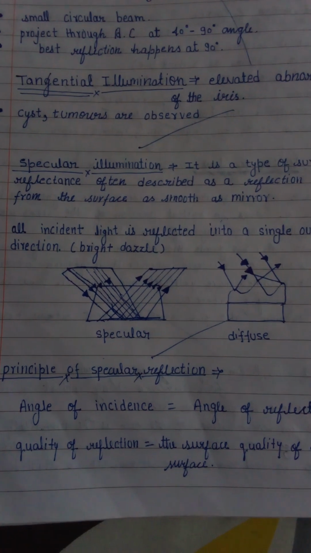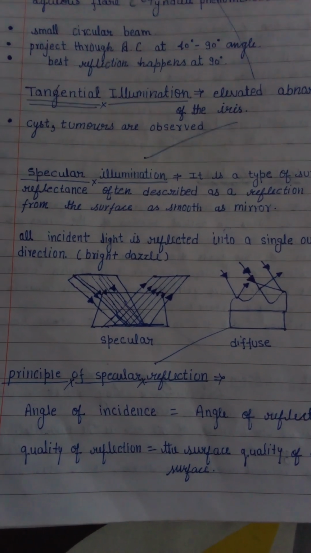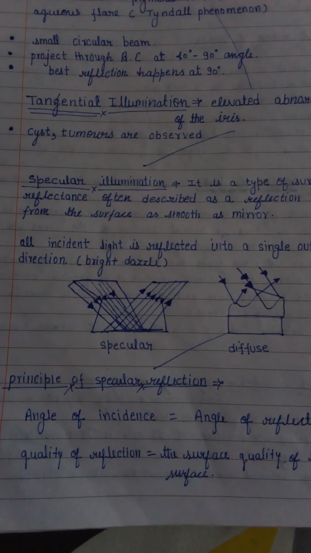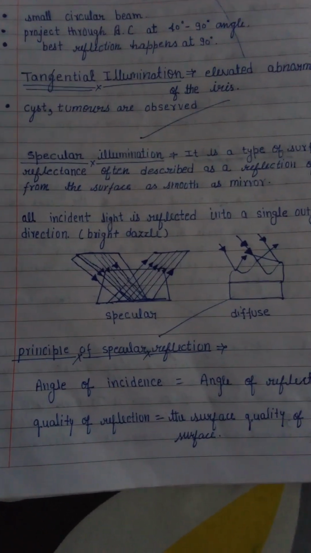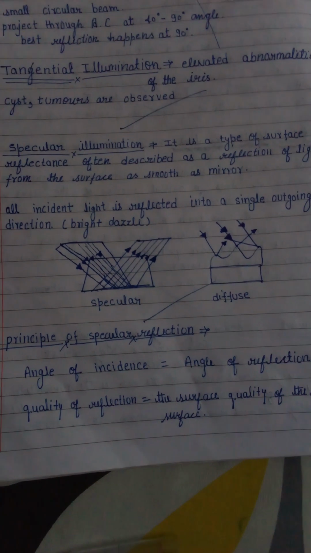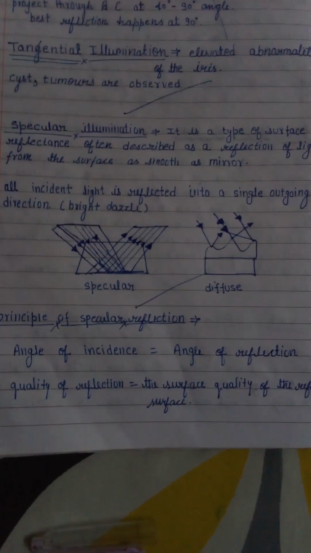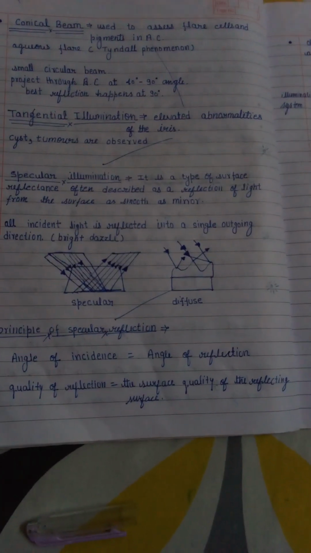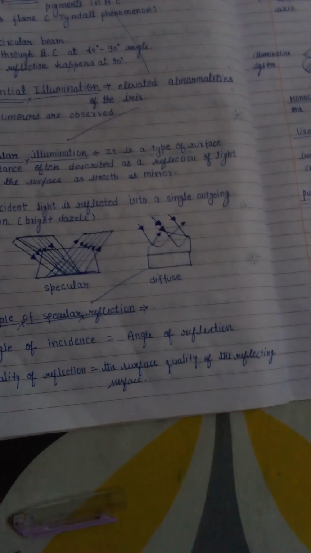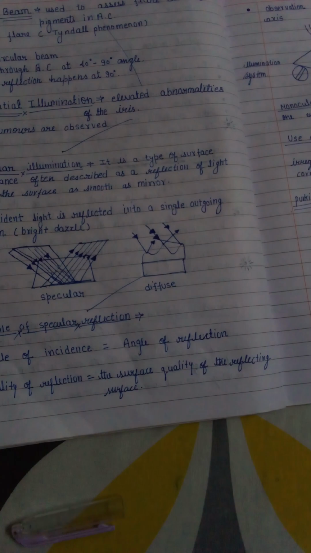In specular reflection we get a bright dazzling light from a smooth surface. Now the principle of specular reflection is that the angle of incidence is equal to the angle of reflection. So the quality of reflection is equal to the surface quality of the reflecting surface.